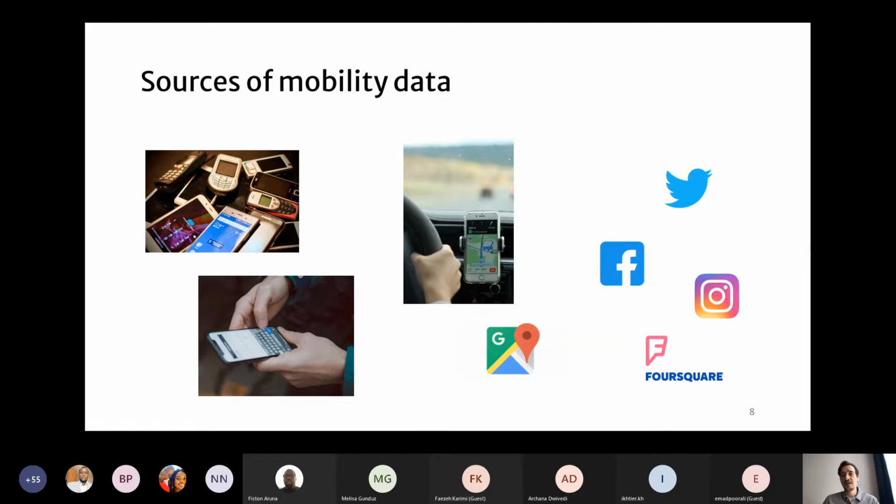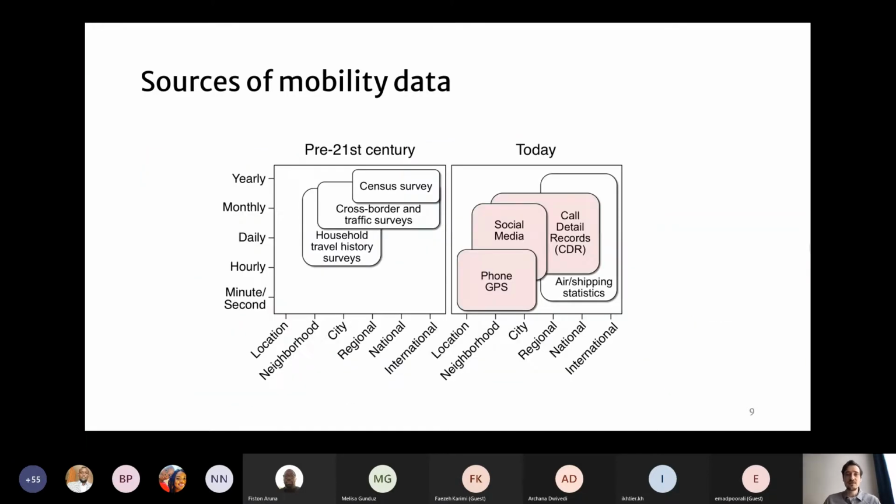And accompanying that, we also have this whole ecosystem of apps and services that you interact with and exchange data with, and that also store this data in some form or make it accessible. This has completely changed the picture that we have, and we are now able to go into much more detail and picture mobility with a much higher resolution than was possible before.